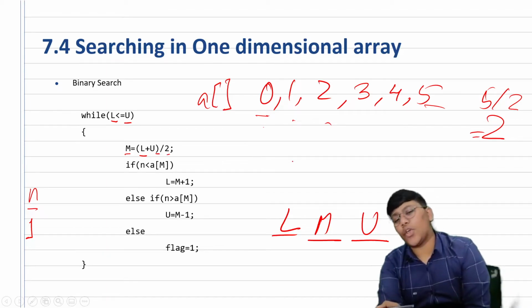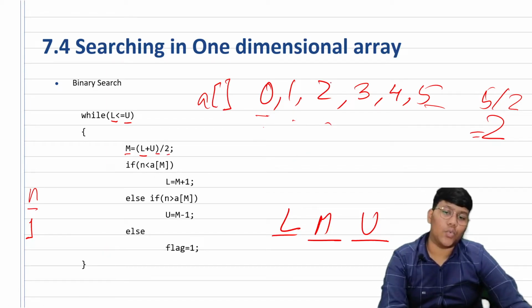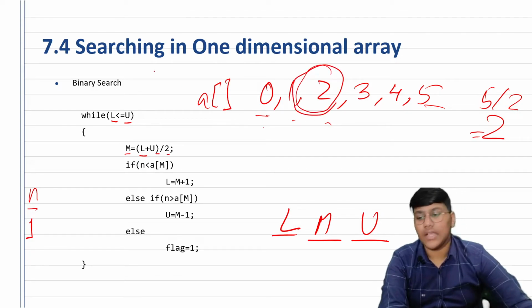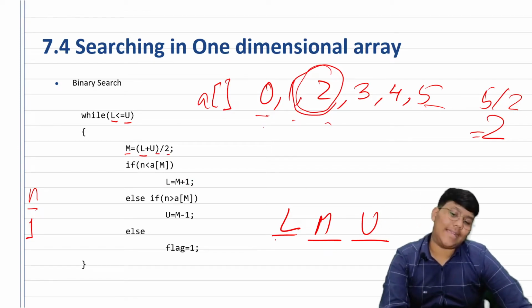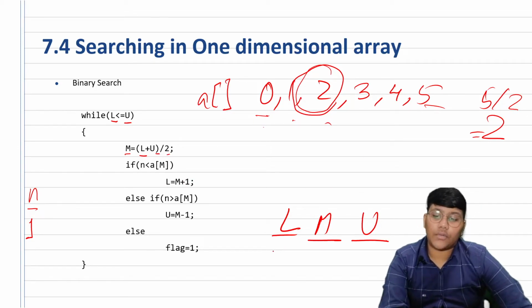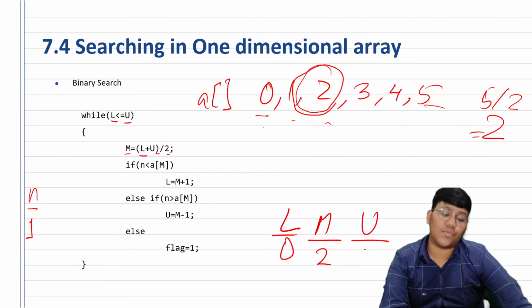At index number 2, the value is 2. Is 1 smaller than 2? Yes. L equal to m plus 1. So now what was our L? M was 2, L was 0, U was 5, sorry.